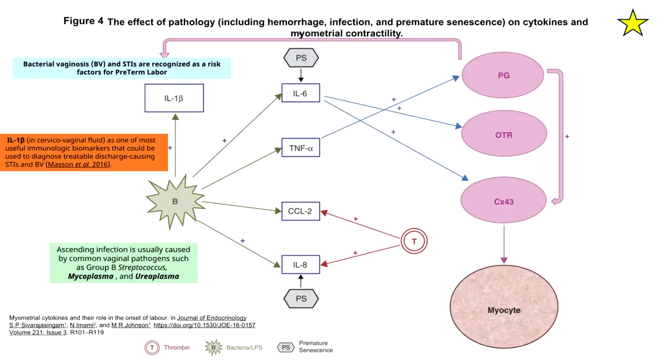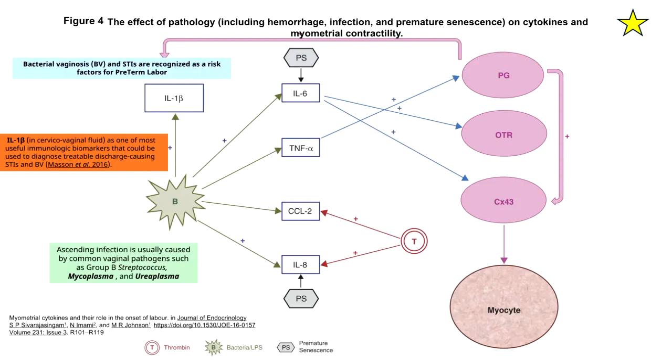So just to review, I'm pointing out here an example of what occurs during the pathology of an infection and maybe a hemorrhage. So we have bacterial vaginosis, part of the sexually transmitted diseases, which is a risk factor for preterm labor.